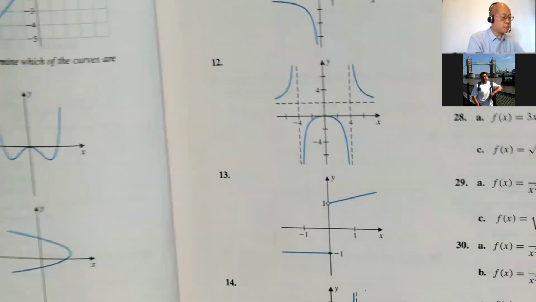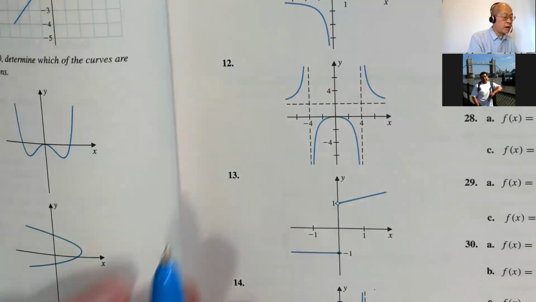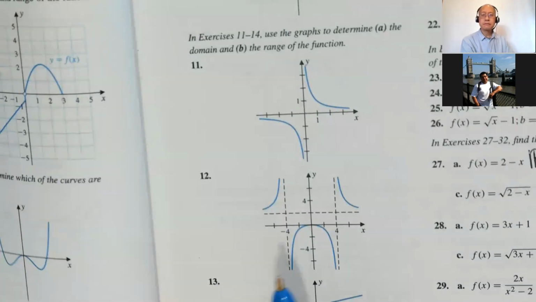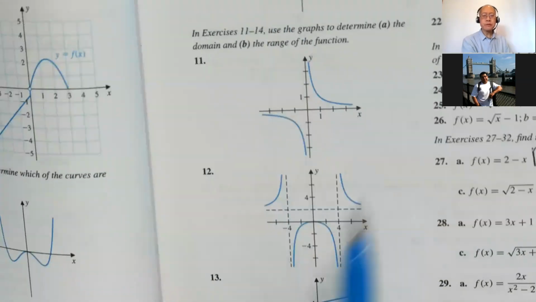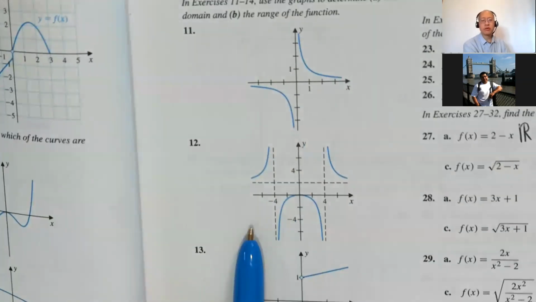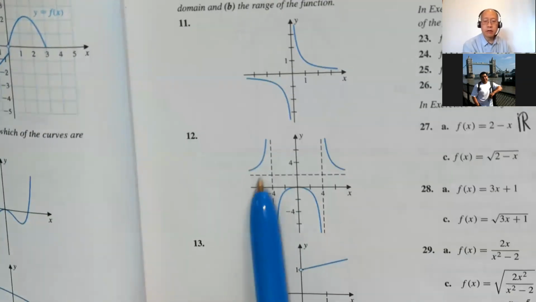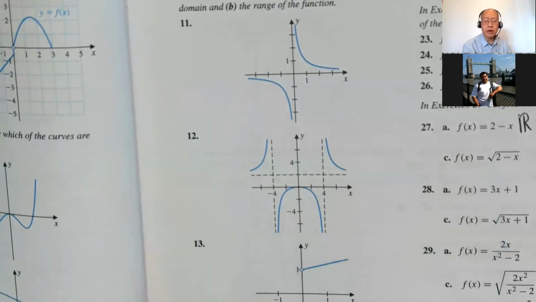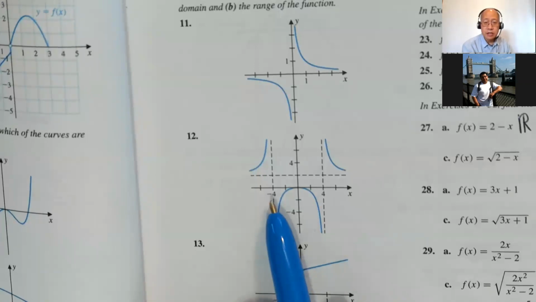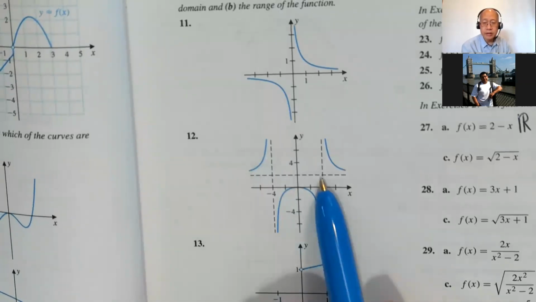Okay, we did some of these problems already about is it a function or is it not a function? But there are some problems involving domain and range. Okay, so domain and range for number 12. Domain. So how far to the left and to the right? It looks like I have all the real numbers except there's nothing at -4 and there's nothing at 4.